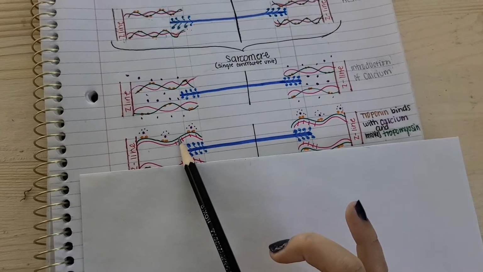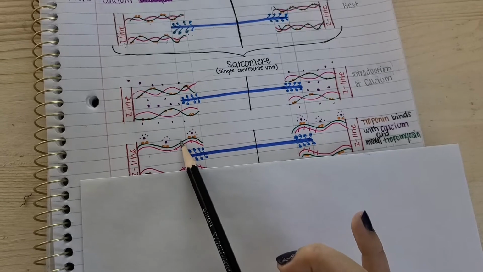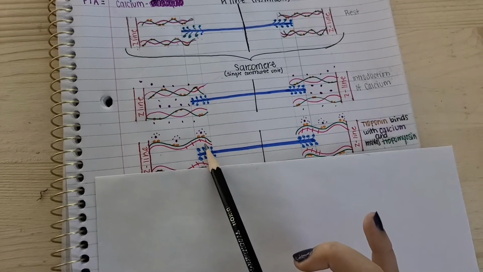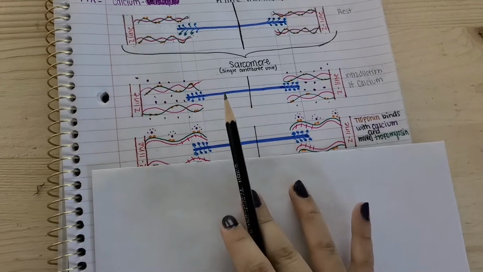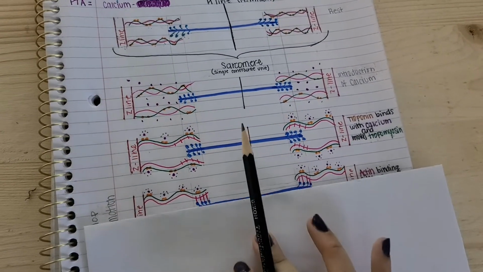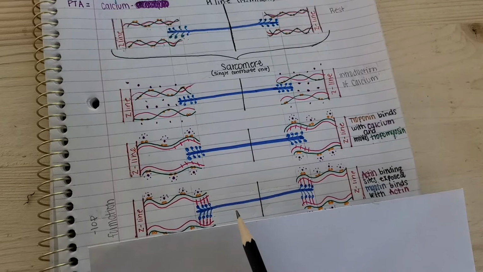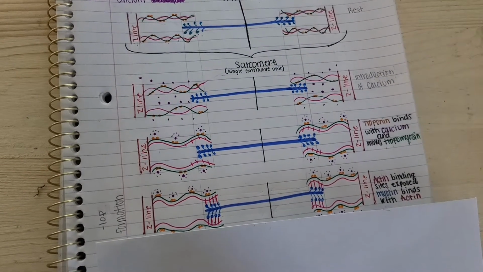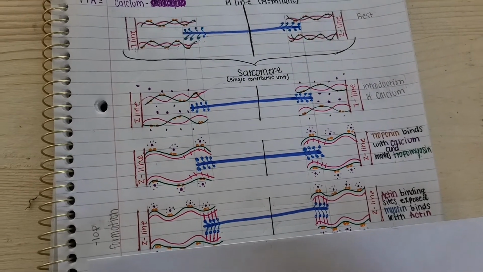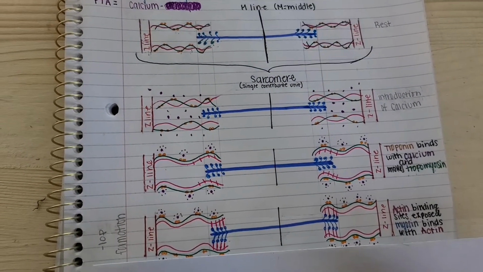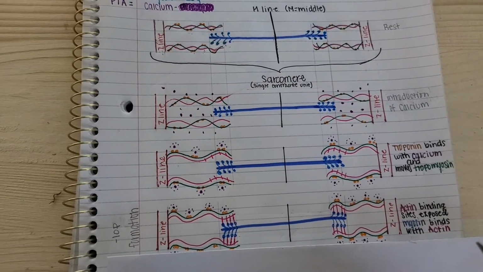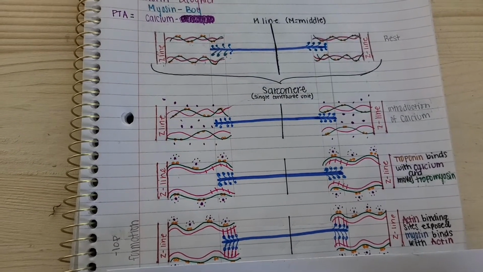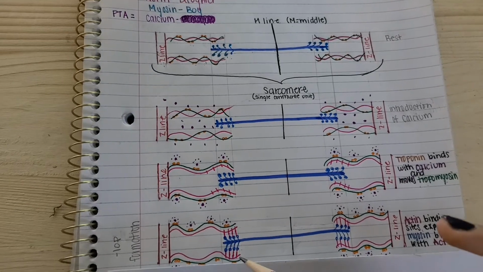Now that tropomyosin is out of the way from actin, its actin binding sites are now available. At this point, myosin is in a cocked position, and what they mean by a cocked position basically just means it had run into an ATP, and that ATP hydrolyzed, and now it has an inorganic phosphate and an ADP attached to it.